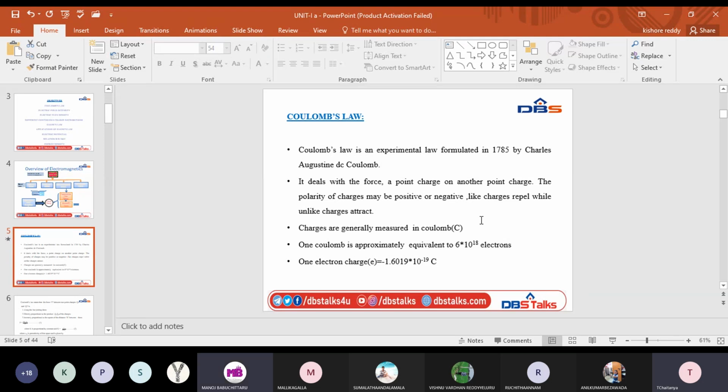And we know that 1 electron charge is nothing but minus 1.601 into 10 to the power minus 19 coulombs. These are the prior requirements to find the force. Students, are you getting?